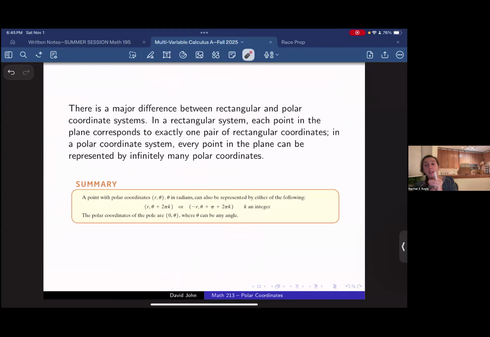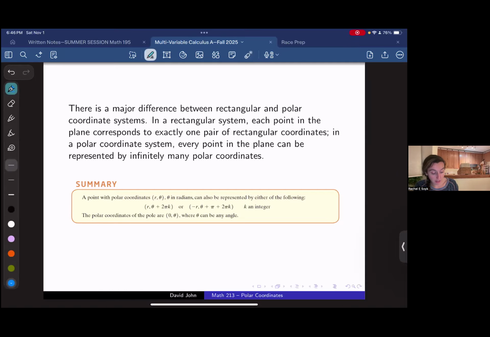You go in the positive x-axis, 5 units, and then up 2 units, plot your point, done. There is no angle measure involved. And each point in our rectangular coordinate system just corresponds to exactly 1 pair of rectangular points.